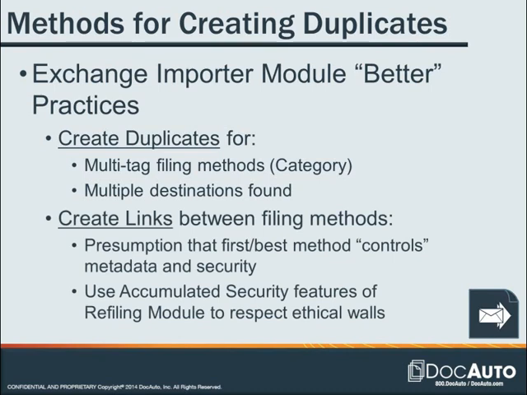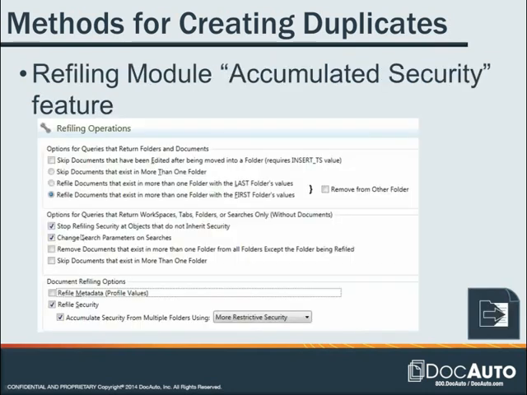And again, the issue here when we're talking about documents that are linked to multiple destinations is using the refiling module. The refiling module has what we call the accumulated security. So if I've got a document that I'm refiling that exists in multiple target destinations in Worksite, I can use the first folder's values, again considering that that's the best location.